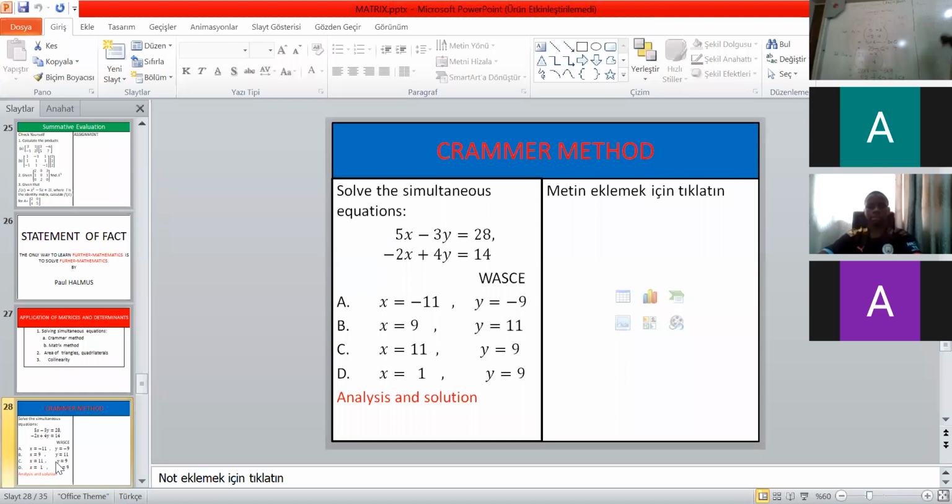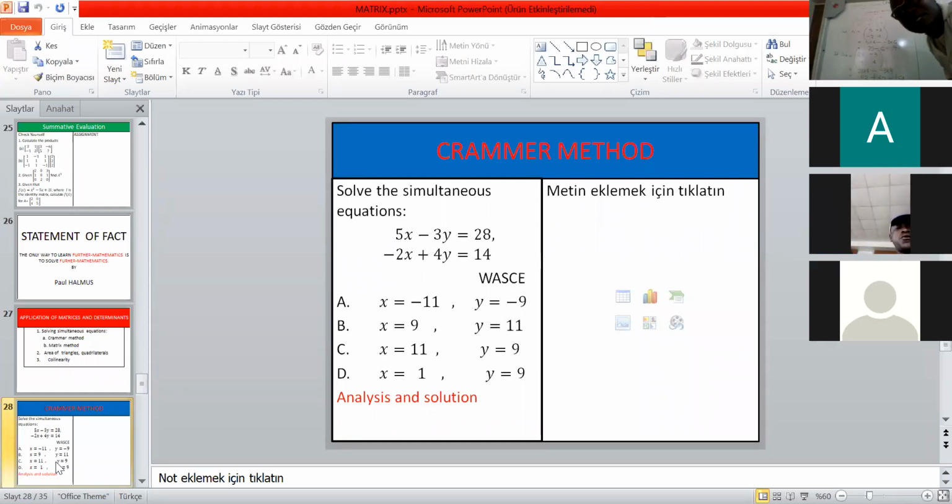Good, 14. Now, if you divide this, you obtain what? 14 goes there, what is 9?